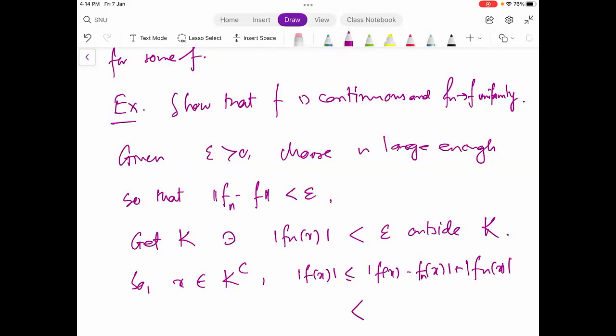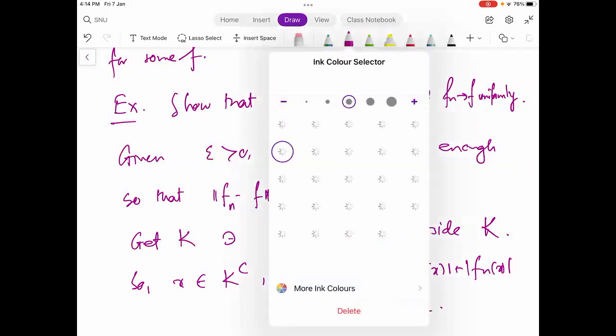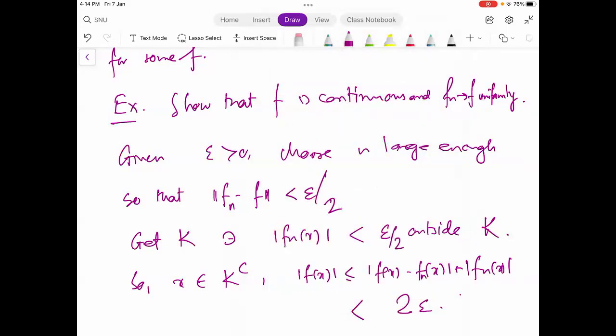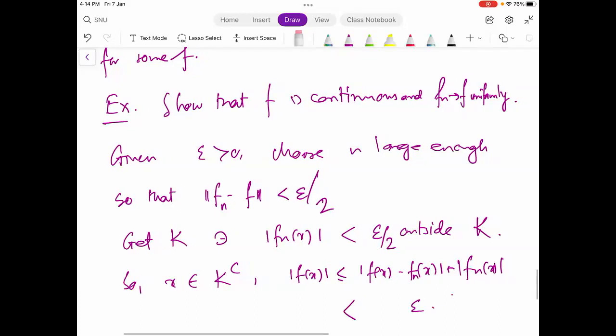Now, this is less than epsilon, that's less than epsilon, so it's less than 2 epsilon. So, if you started with epsilon by 2, then we'll get epsilon. The only hand waving I did is to show that the limit function is continuous and f_n goes to f uniformly. But as I said, this is exactly the same as the proof in C(X) when X is compact.